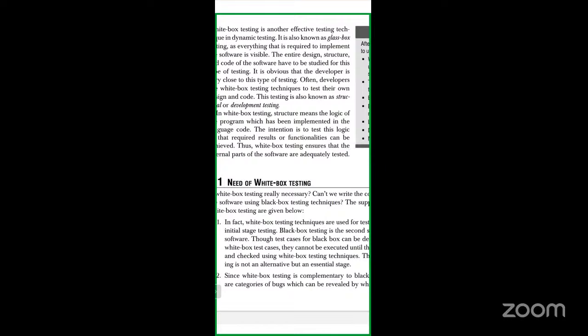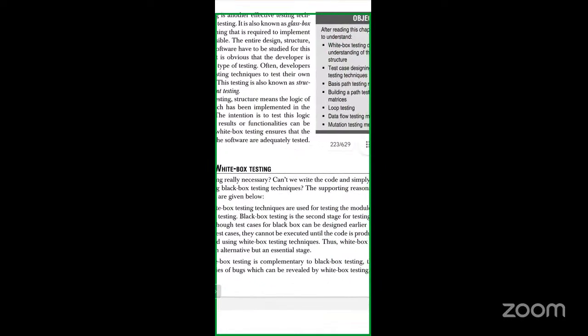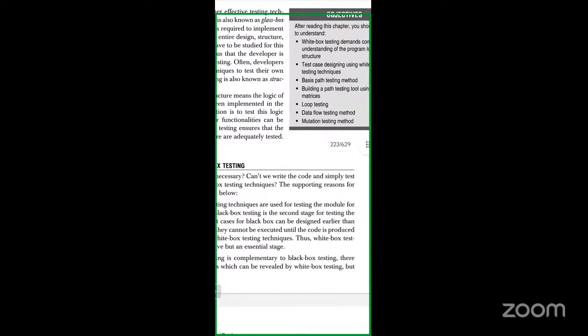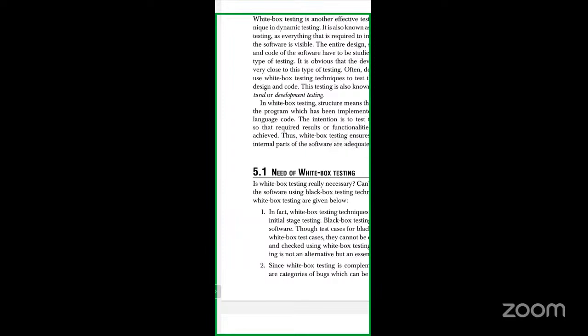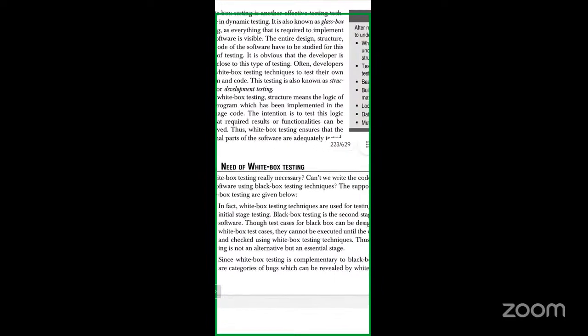Is white box testing really necessary? Can't we write the code and simply test the software using black box testing techniques?